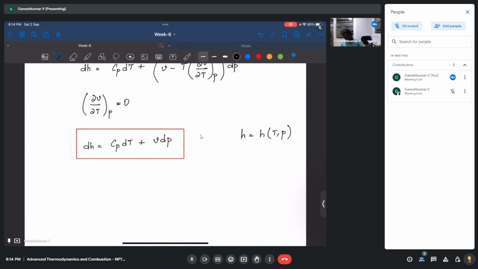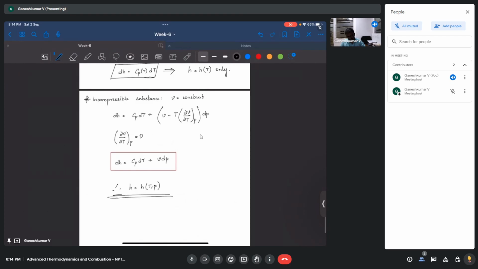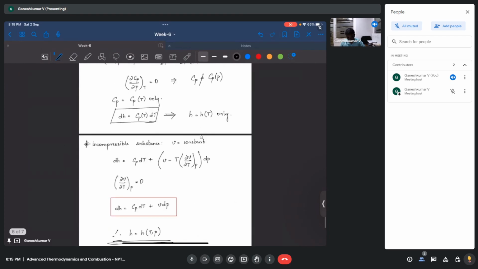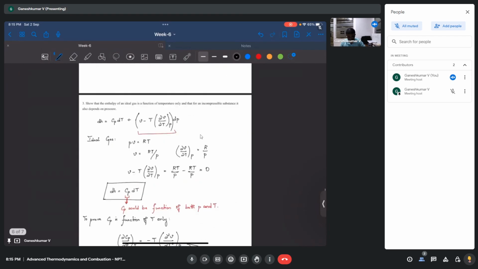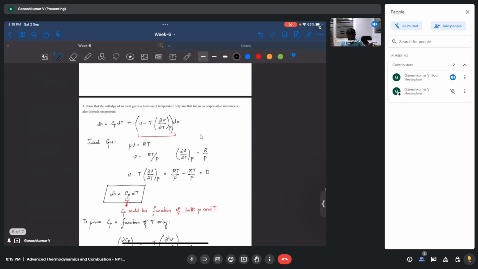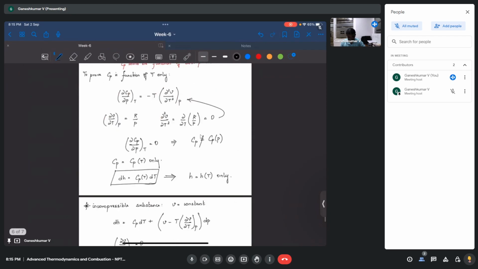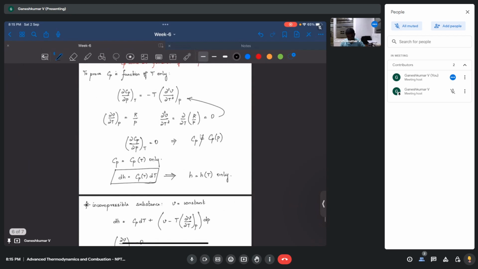This proves that H is a function of both temperature and pressure. So in this way you can prove that for an incompressible substance, the enthalpy is a function of both temperature and pressure. But for an ideal gas, it is going to be a function of only temperature.